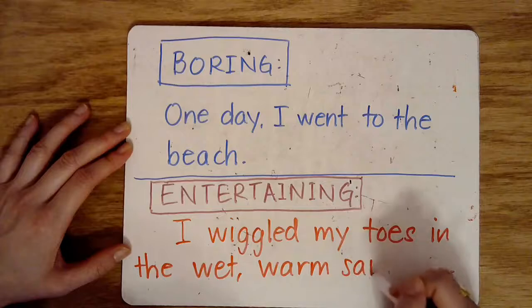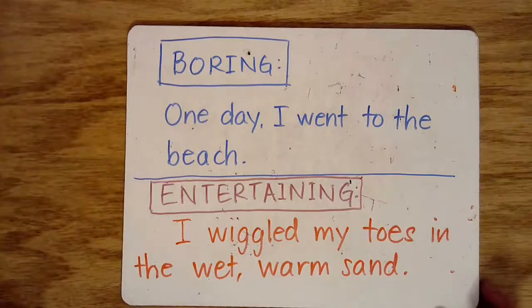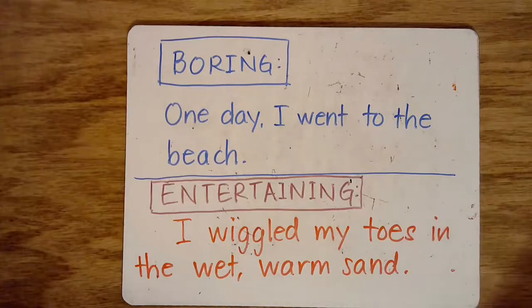I've got sand again, but that's what I'm thinking of. Sometimes if I'm walking barefoot on the beach, that's what I'm imagining. So this is an action, right? It's something I'm doing. I'm wiggling my toes. So that is another beginning.